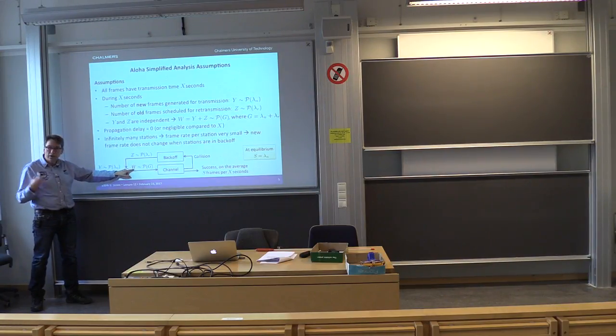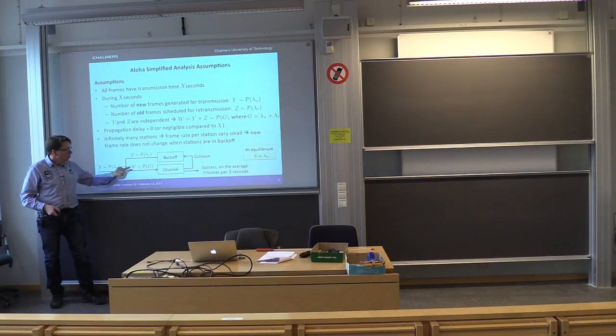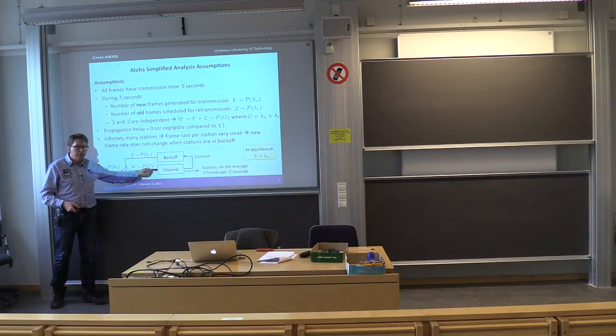Okay, so here are the frames that are coming to the channel. Okay, and in one time unit we have w of those, and that's the sum of y and z, and that turns out to be a Poisson with some variable g, where g is the sum of the rates here. So the sum of this rate and this rate becomes g. Okay, so we have Poisson traffic coming to the channel here with intensity g.